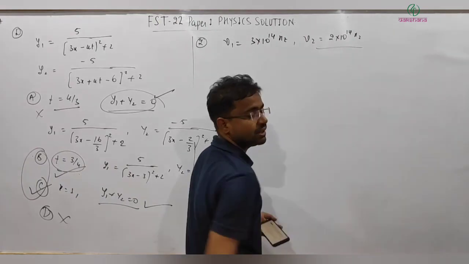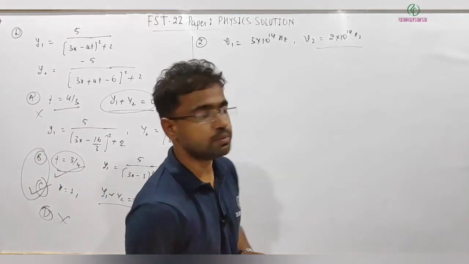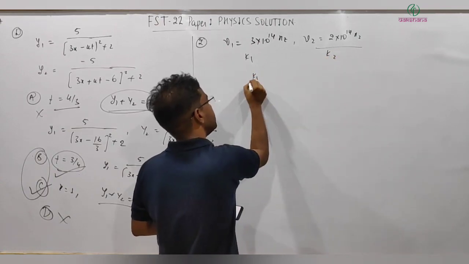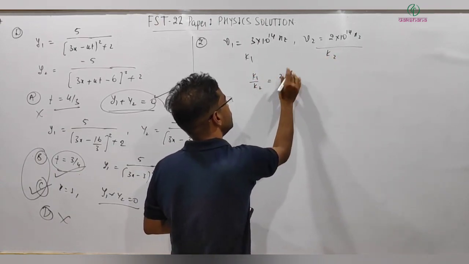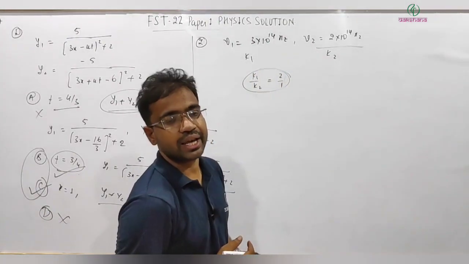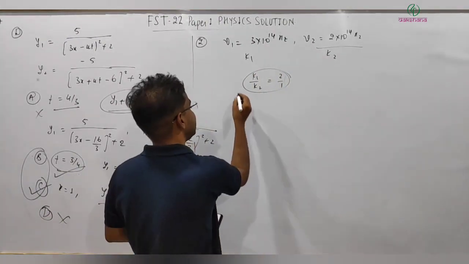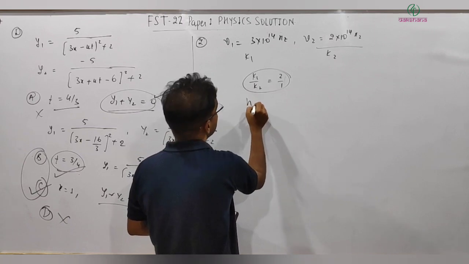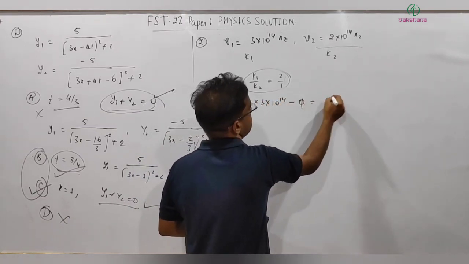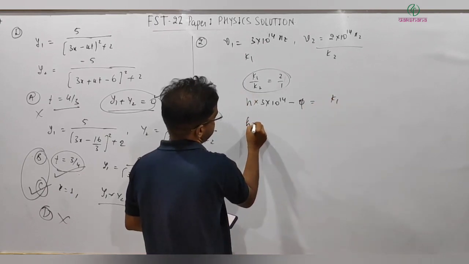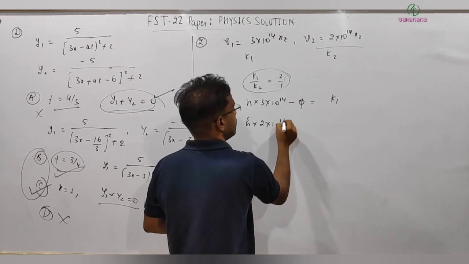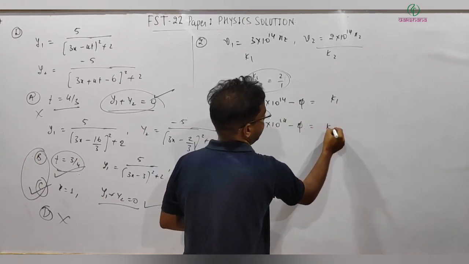For these two frequencies photoelectric effect is observed, and the kinetic energies K1 and K2 are in the ratio K1 by K2 equal to 2 by 1. By using these relations I can get phi, the work function of the metal. So hν1, that is h × 3 × 10^14 minus phi, equals some kinetic energy K1, and hν2, h × 2 × 10^14 minus phi, is equal to K2.